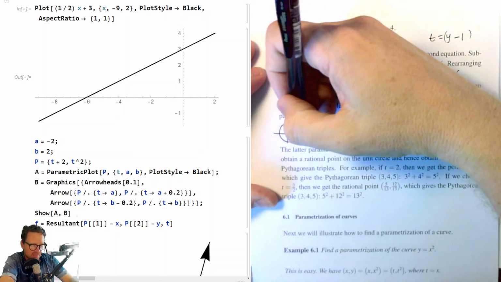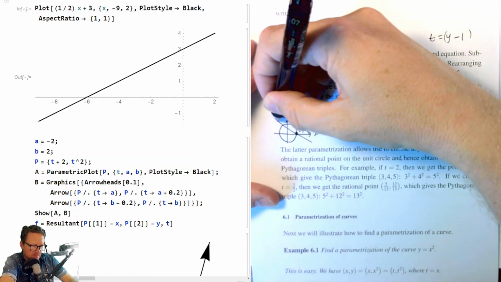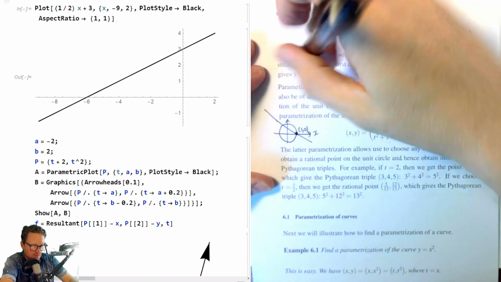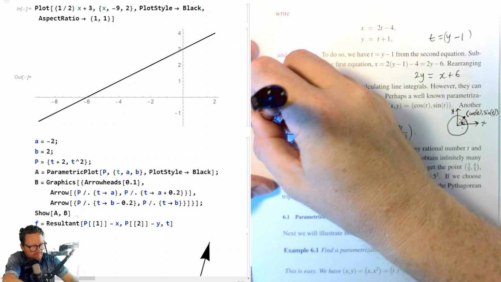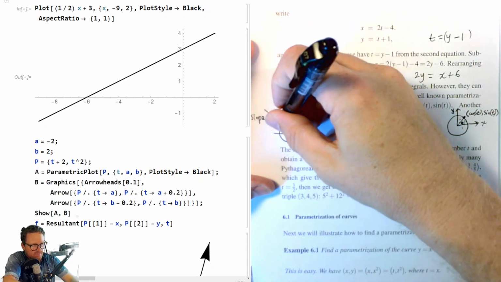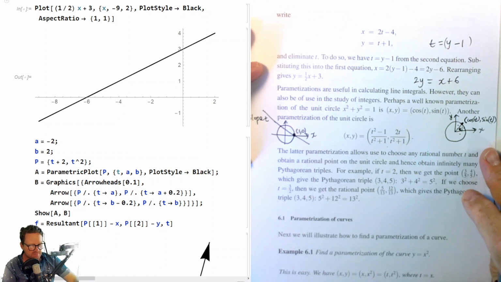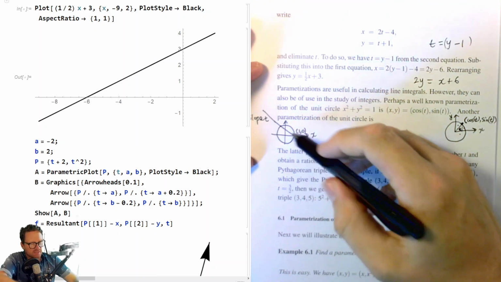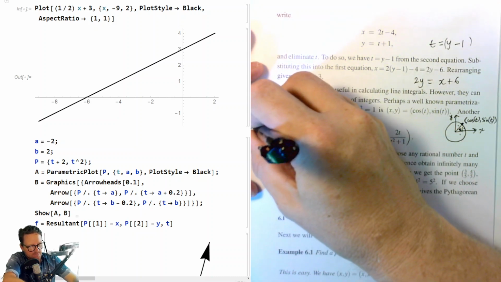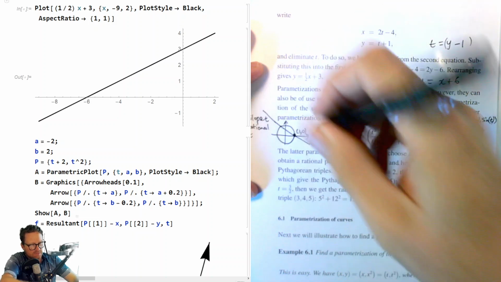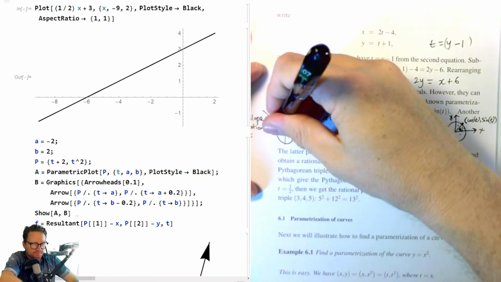Now I can take a line that passes through (1, 0) of slope t. And provided that t is not infinite, this line of rational slope will intersect this circle again in another point.